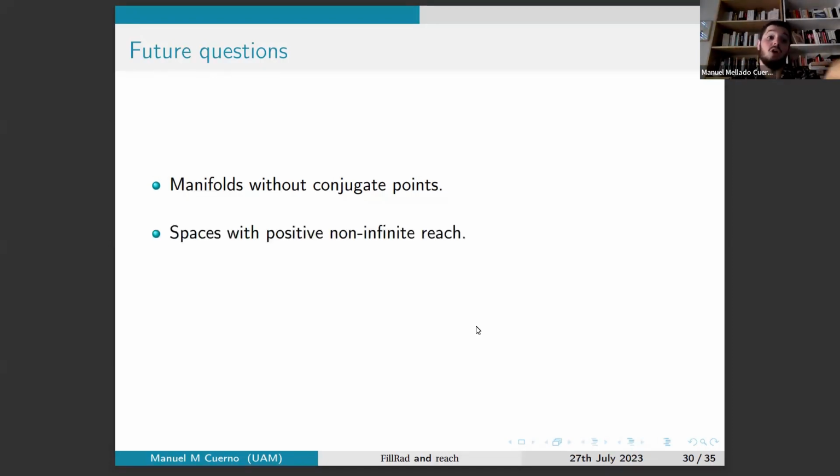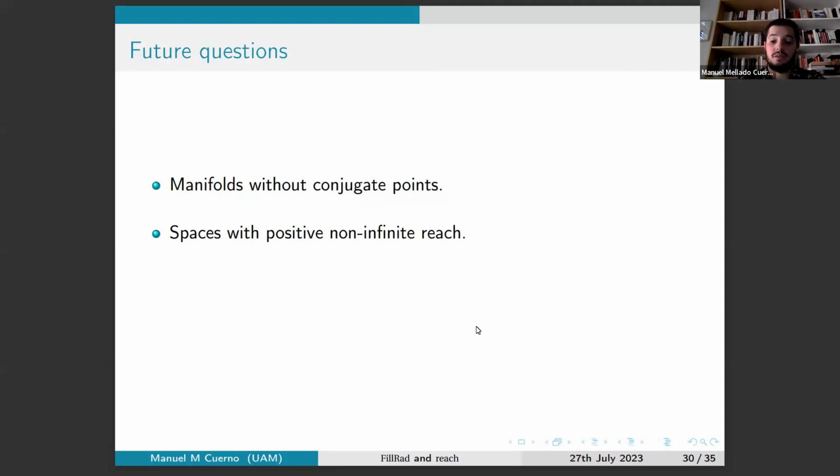Then that's one. This is very related to the following question: does there exist any space with positive reach but not infinity? We think that if any such space exists, it will be a manifold without conjugate points, but we are not sure yet.